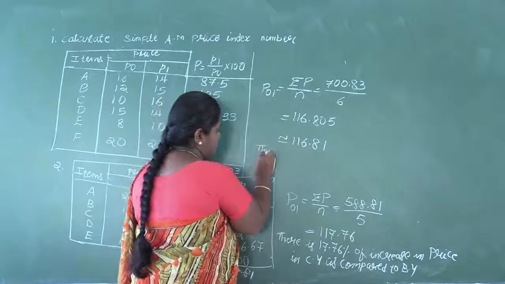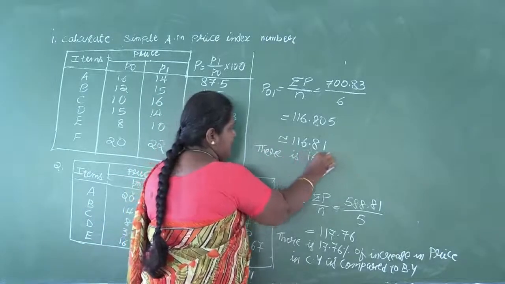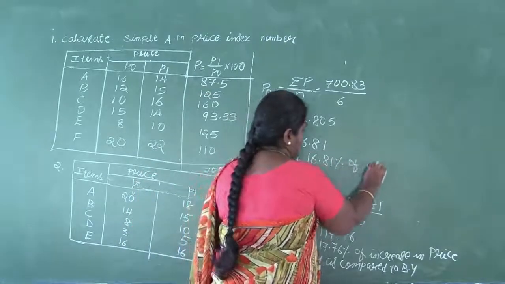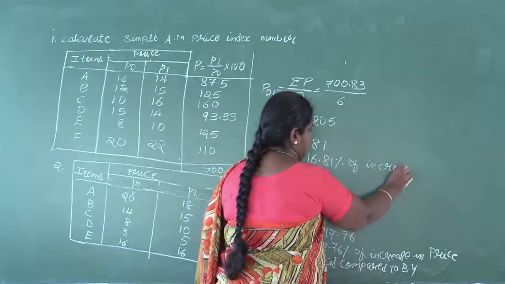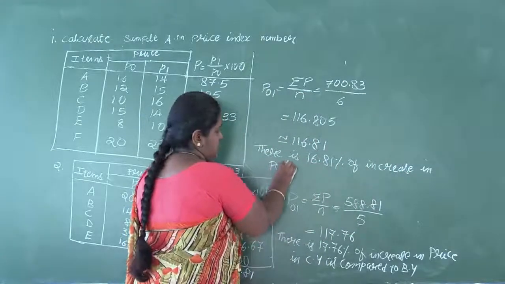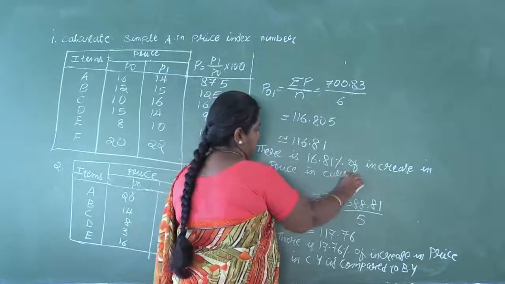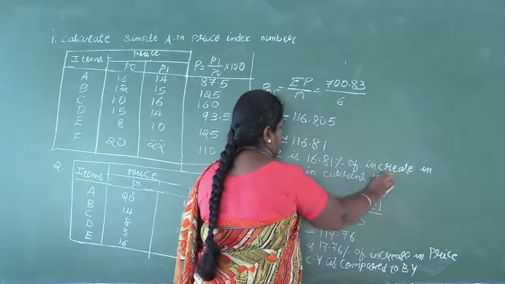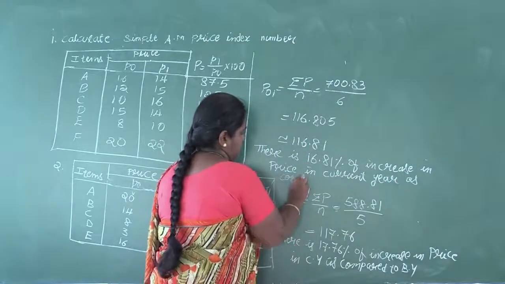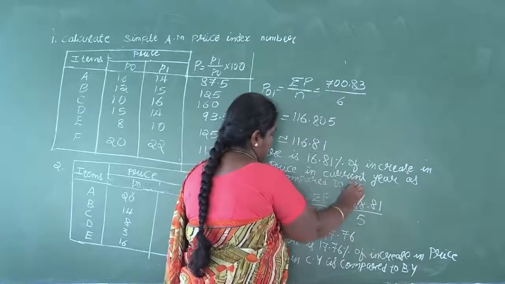Similarly, for the previous problem, the conclusion will be there is 16.81% of increase in price in current year as compared to that of base year.